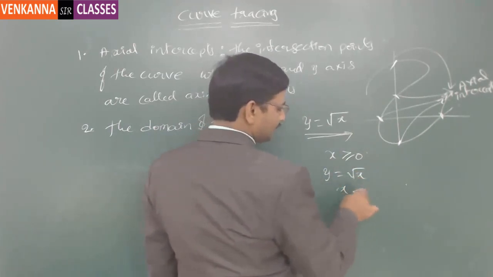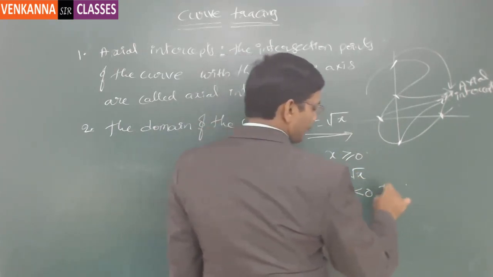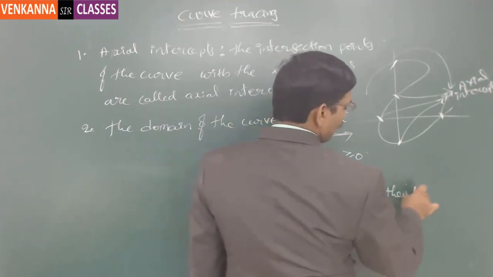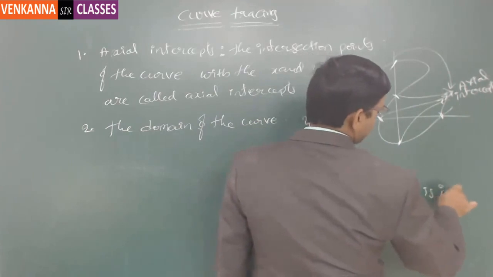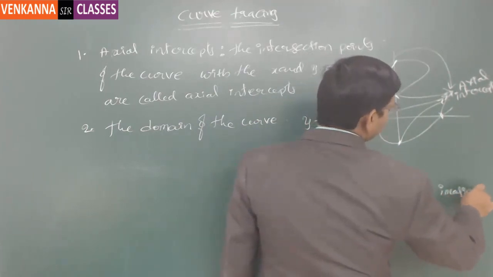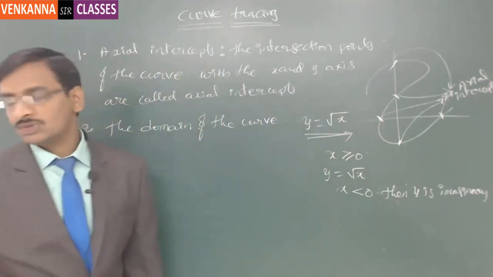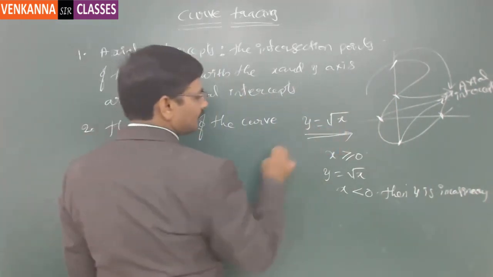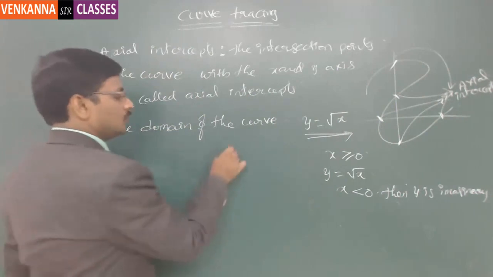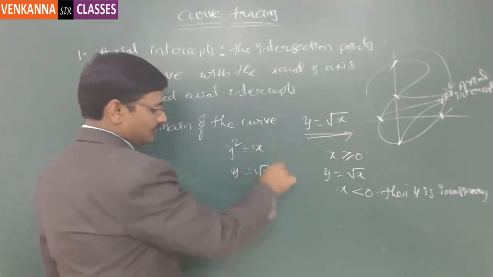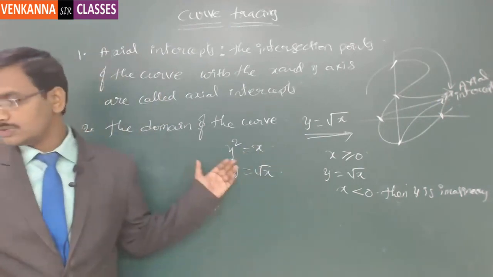But if x is less than 0, then y is imaginary. If y is imaginary, then we cannot trace a function, right? Then the curve is nothing but y square is equal to x. y square is equal to x is fine, but y is equal to root x is not okay on the negative side of x.